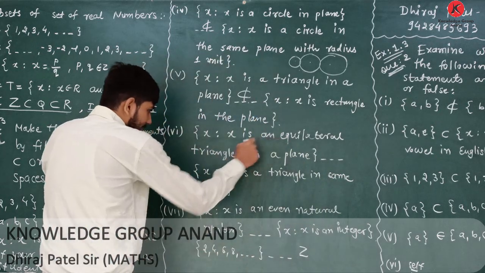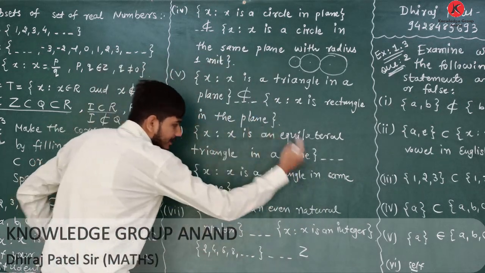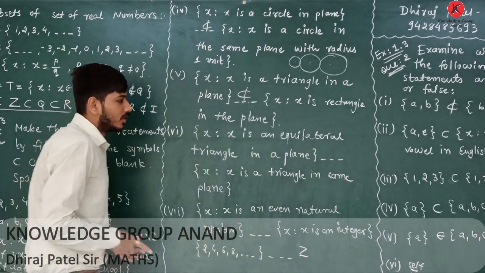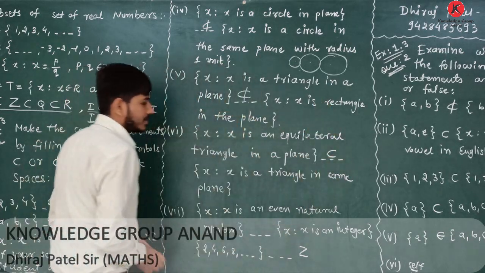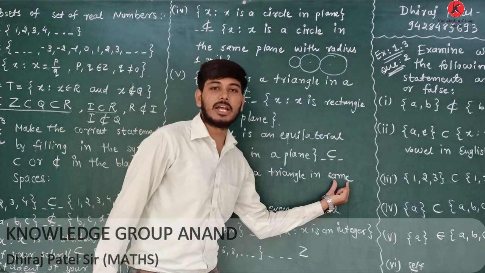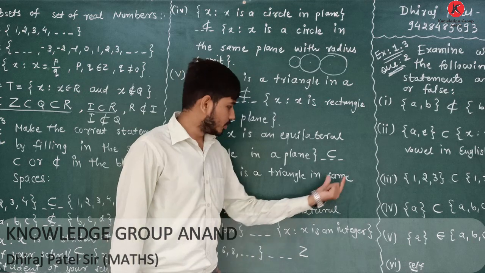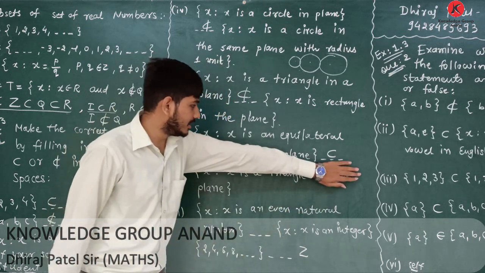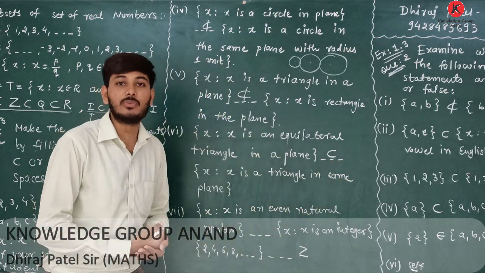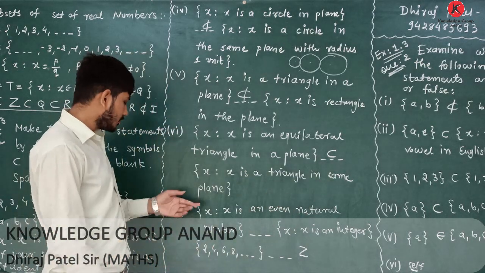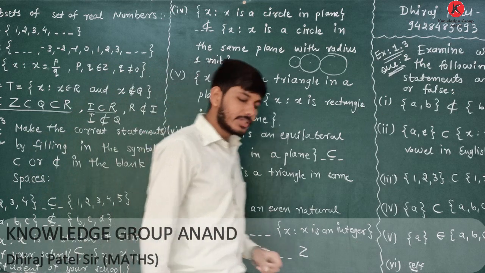x is an equilateral triangle in a plane, blank, {x such that x is a triangle in the same plane}. Suppose equilateral triangles in the plane are infinite. Suppose this one is an equilateral triangle, the second one an equilateral triangle, the third one an equilateral triangle, having different measurements, and the set of all triangles in the plane.